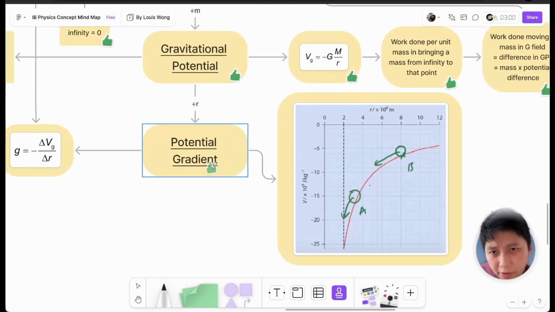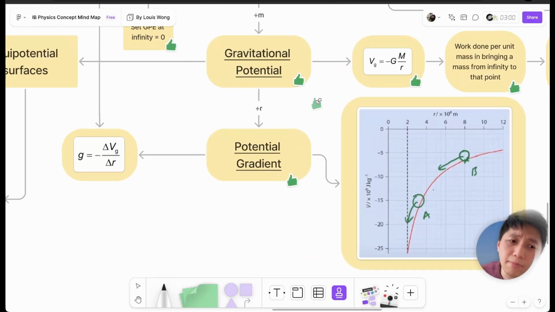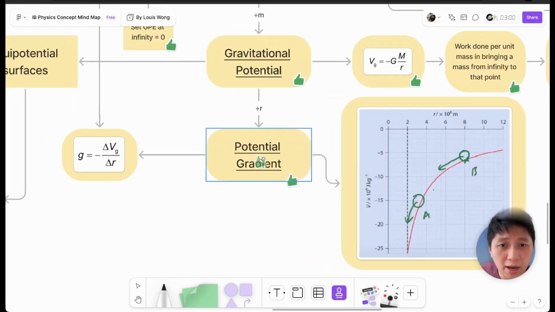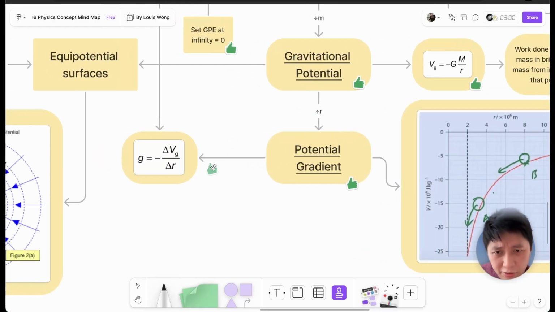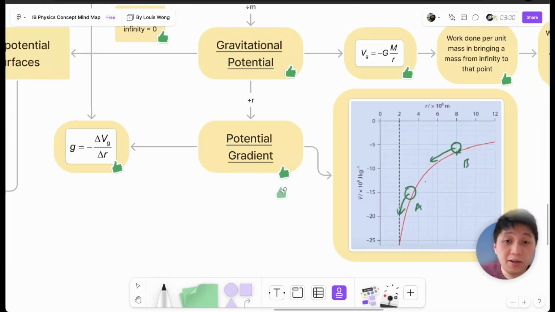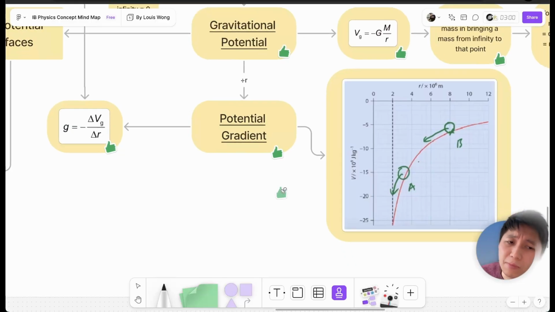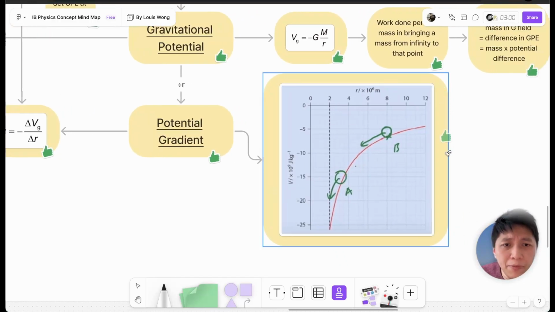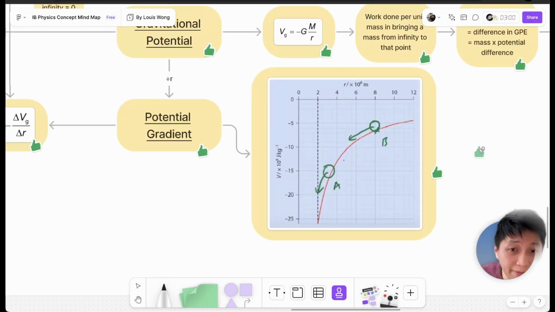Moving onwards, we have something called the potential gradient, which might be quite challenging to some of you. If you are not sure, you may want to go back and look at the video. Essentially, as you can see from the equation, it is dividing by the distance. That's why it's called a gradient, because it's how fast the potential is changing. The most important thing about it is that it's very essential in a graph of potential against distance.